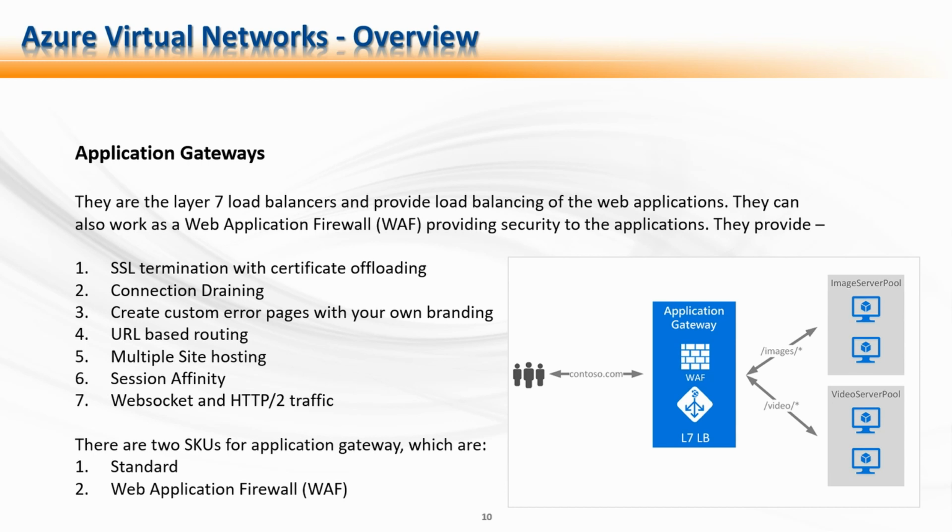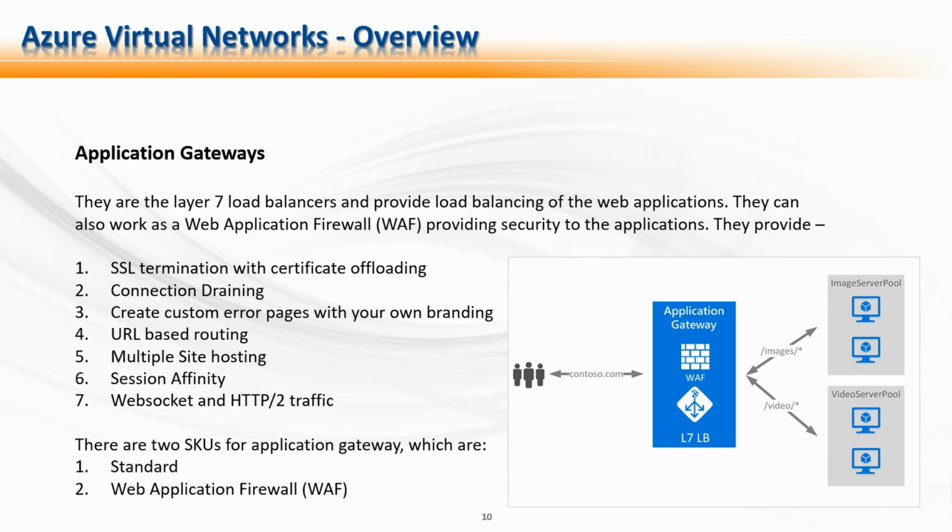When you offload the SSL certificate at the application gateway level, the encryption and decryption of the request happens at the application gateway level, and the overhead of this encryption and decryption does not happen at the VM level, so that optimal performance can be achieved by the VM.